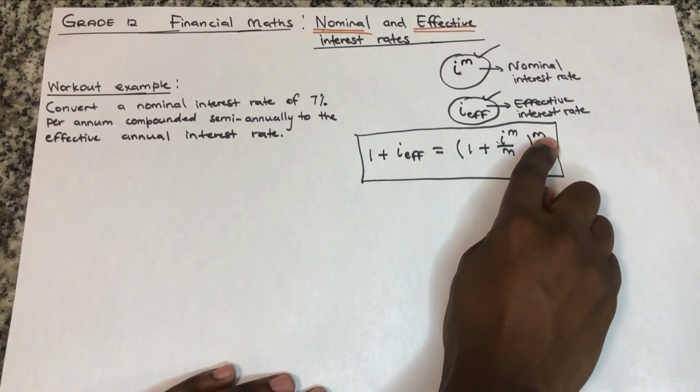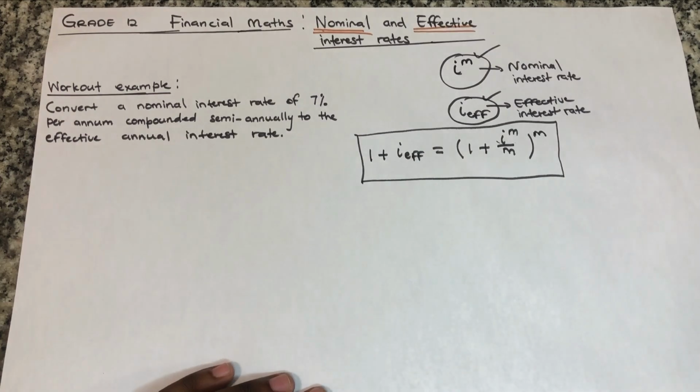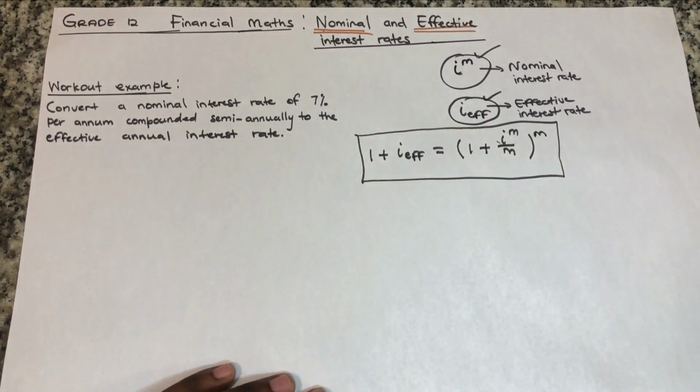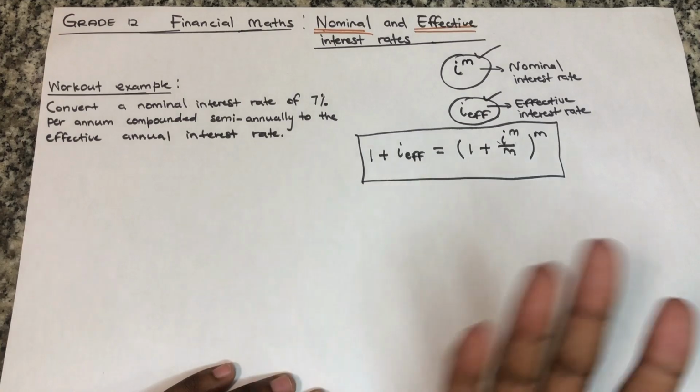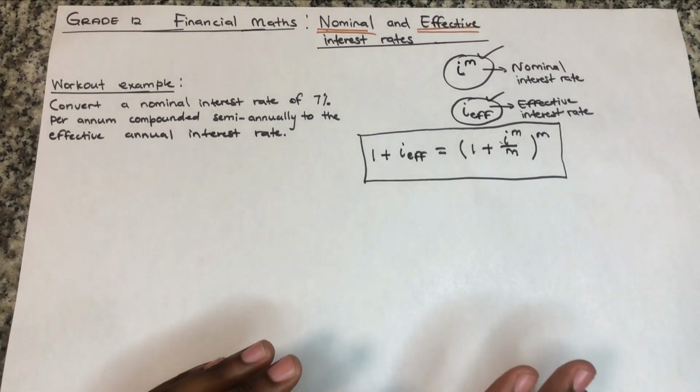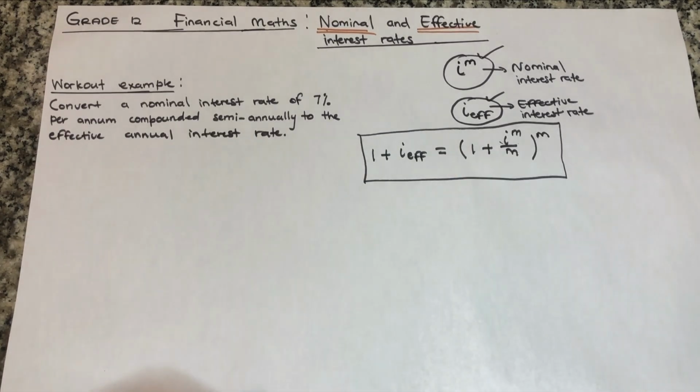If it is annually, that's only 1 multiplied by the compounding periods. If it's quarterly, 1 multiplied by 4, whatever the case may be. Semi-annually, 2 times. We all know that, guys, right? Okay. So this is the formula. Let's move to the worked example.